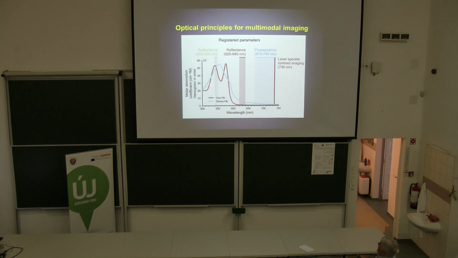So again, this is the absorption spectrum of the normal oxygenated hemoglobin. You see that hemoglobin absorbs light from 500 nanometers till about 620 nanometers.